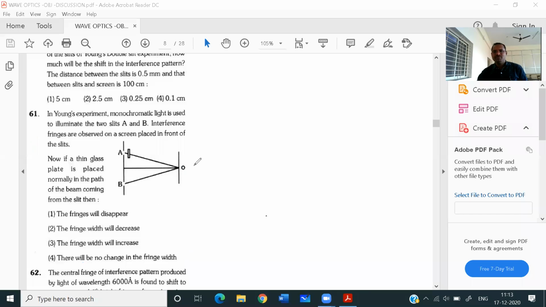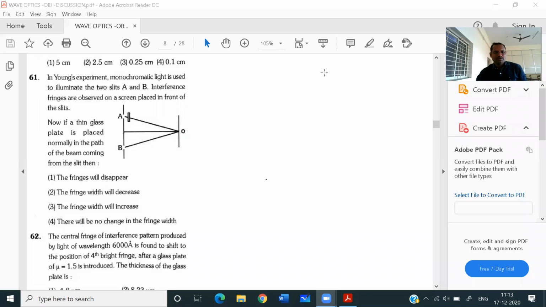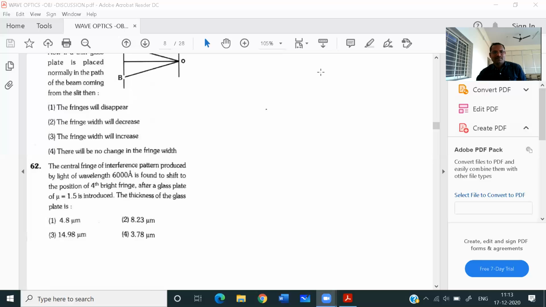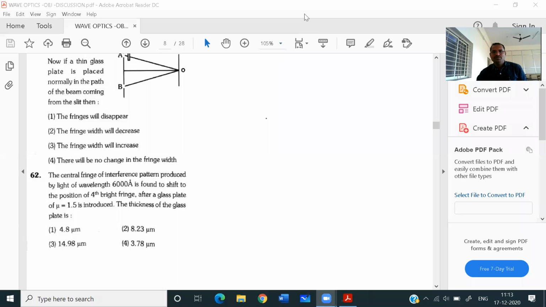Next, question number 62. What have they given? Question number 62: the central fringe of the interference pattern produced by light of wavelength 6000 angstrom is found to be shifted to the position of the fourth bright fringe after a glass plate of mu equal to 1.5 is introduced. Then find the thickness of the glass slab.